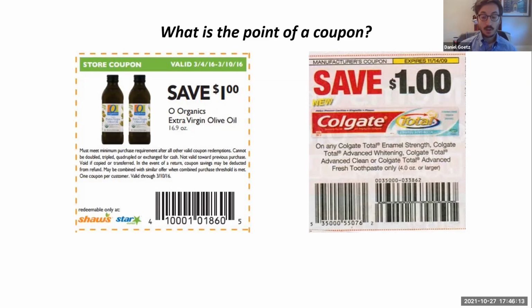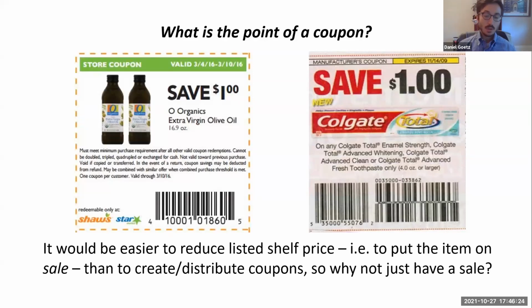In general, it could be to induce trials, or to create a sense of urgency, but this idea that there's people out there who clip coupons, a group of people whose willingness to pay is lower, and that maybe these coupons are somehow just for them, right?